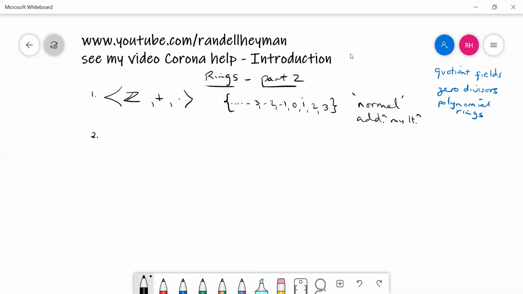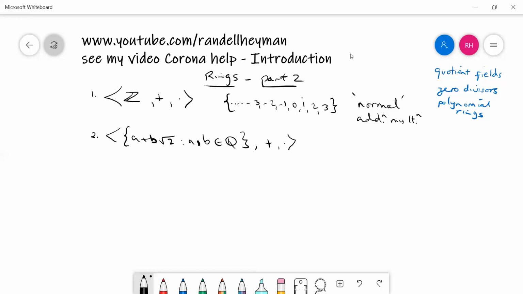What's another one that we want to do? This one, a plus b times root 2, where a and b are real numbers. And we'll do that with plus and multiplication as well. So here, the set is a little bit different to what you might be used to.